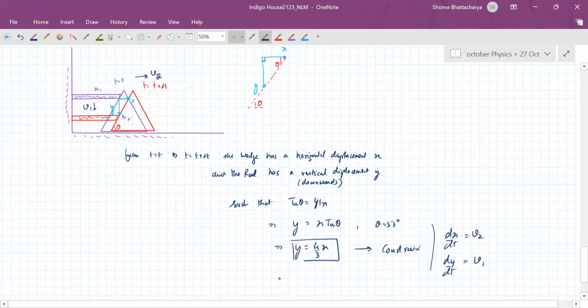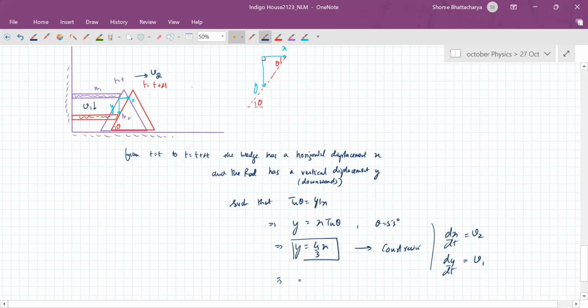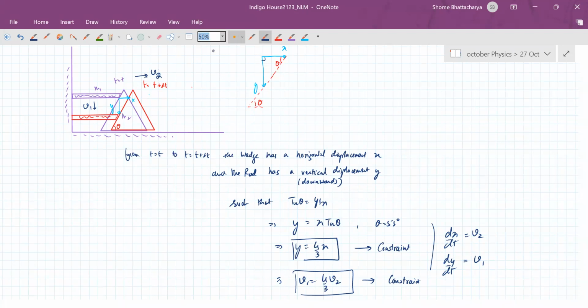So the relationship between these two is that V1 is equal to 4 by 3 V2. Simple. This type of relation is called a constraint relation, and in this case, it's what we call a wedge constraint.